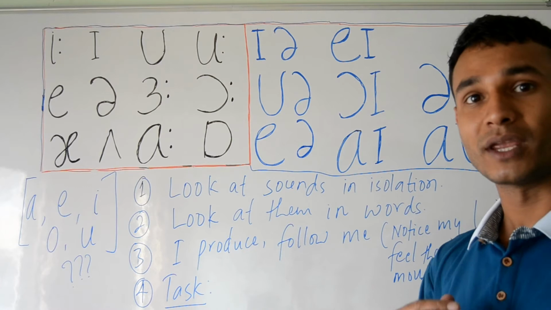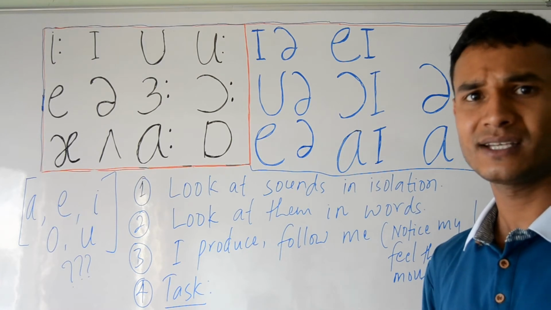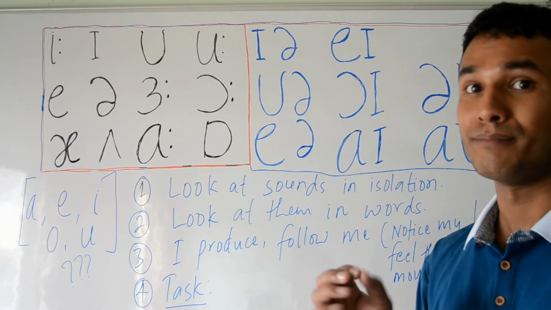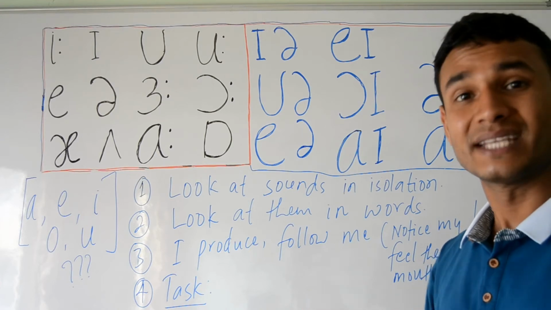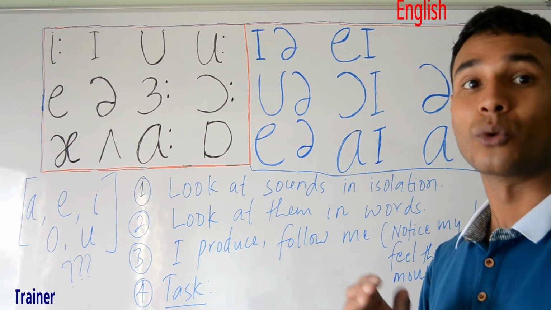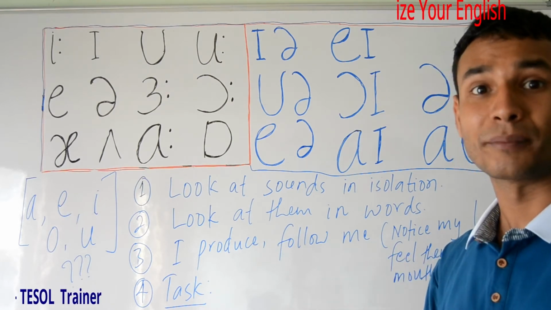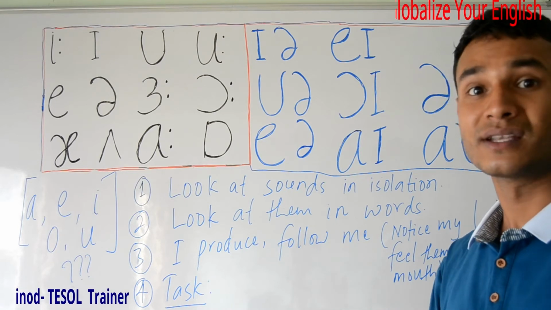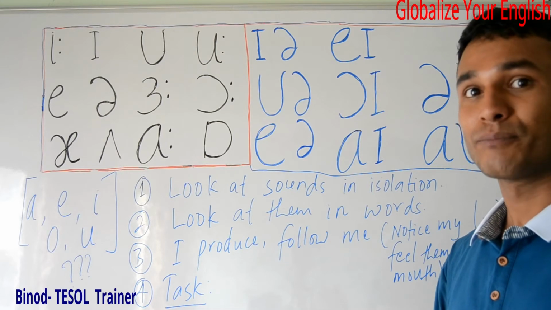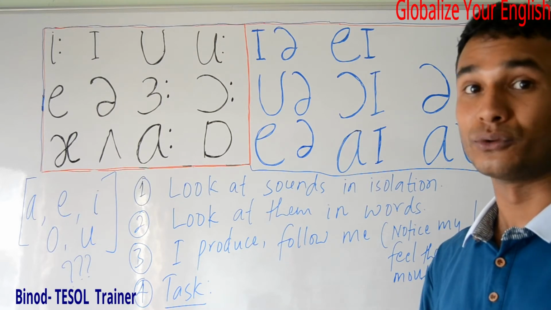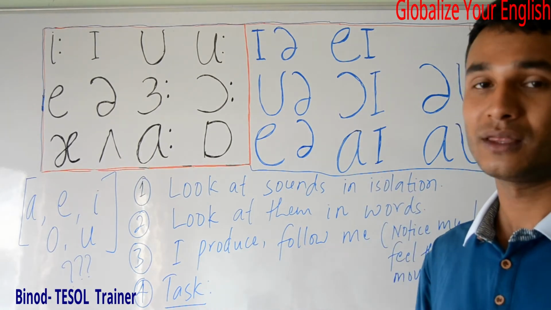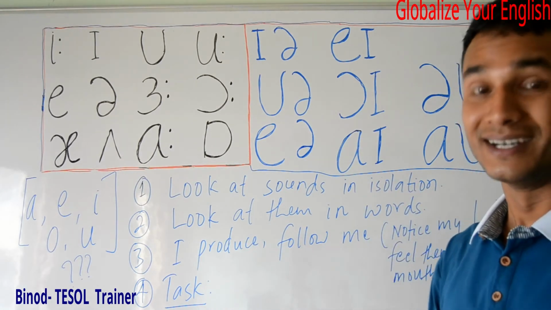Also, you notice me and you imitate and try to feel and discover the sound in your mouth, because pronunciation learning is all about exercising your organs of speech. This is not a mental activity, this is a physical activity. Therefore, make it physical so that you discover the sounds yourself in your organs of speech, in your mouth.